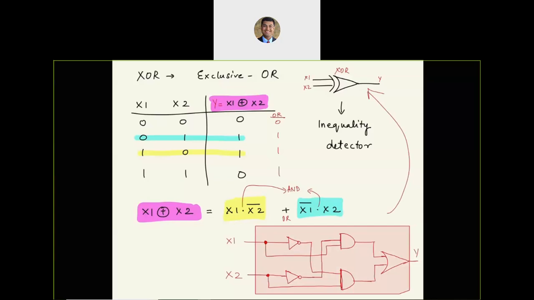All right. Questions so far about exclusive OR and the sort of things we have been talking about? What do we use these circuits for?